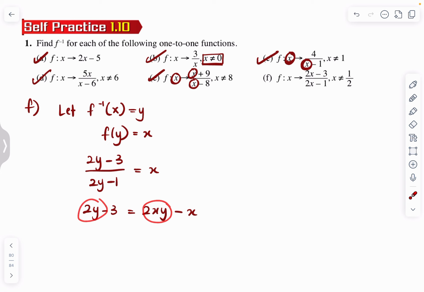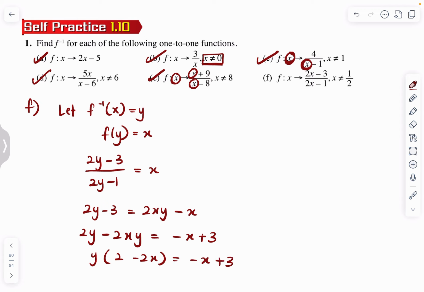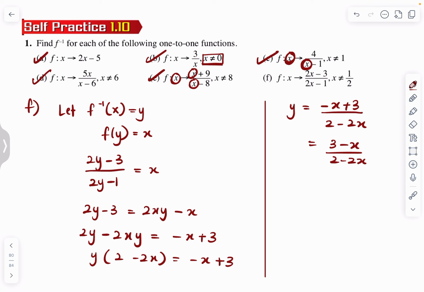Whichever has y, we bring to one side. Factor out the y. Make y the subject. Negative x plus 3 divided by 2 minus 2x. So we can write it as (3 minus x) over (2 minus 2x). So this is f inverse x.